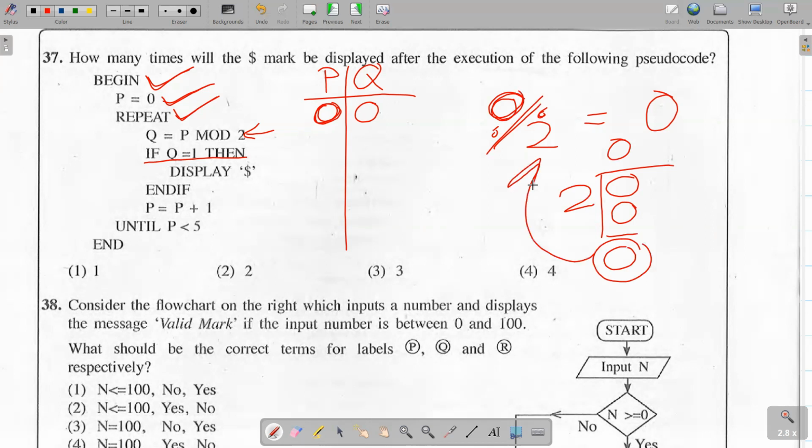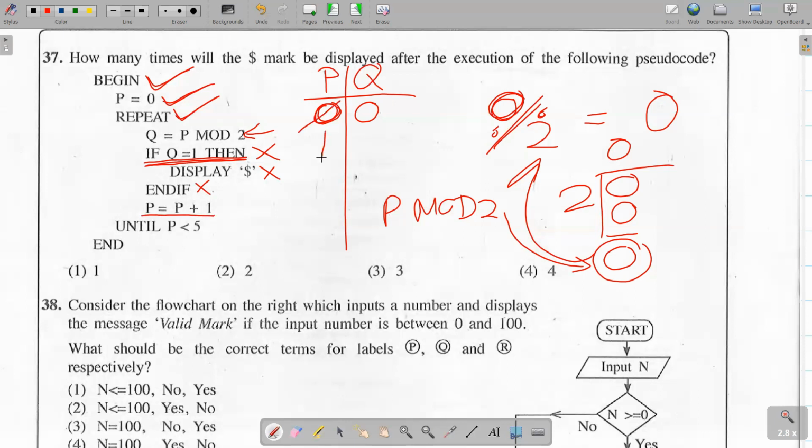So this is given by P mod 2. Then it checks whether Q equals 1. Q is not equal to 1. That means this is not true and this is not going to happen. It comes to the end if and increases P by 1. So P will become 1.